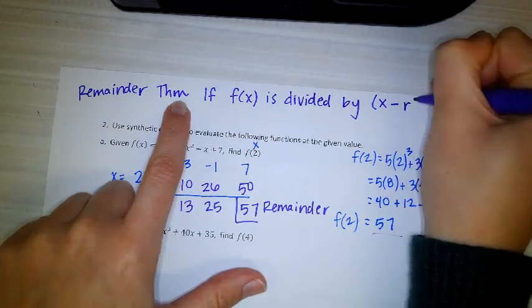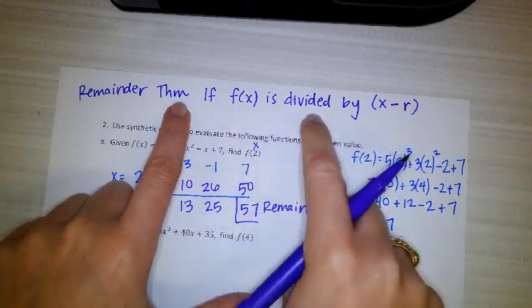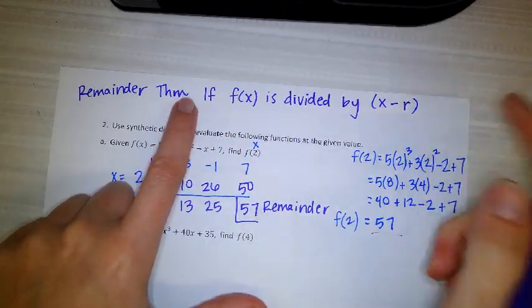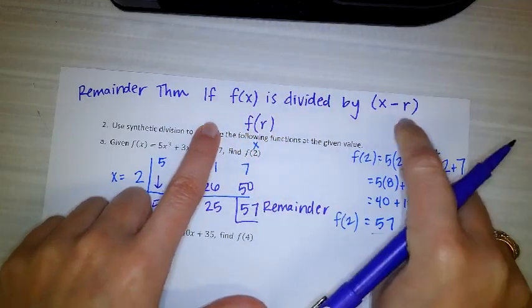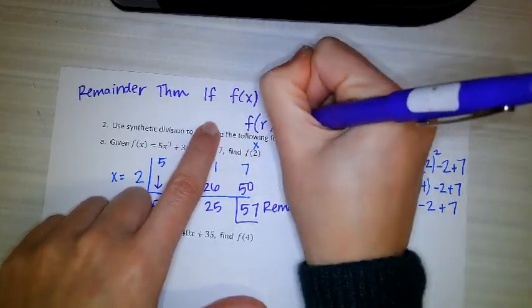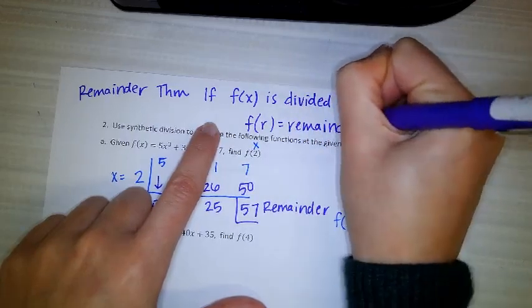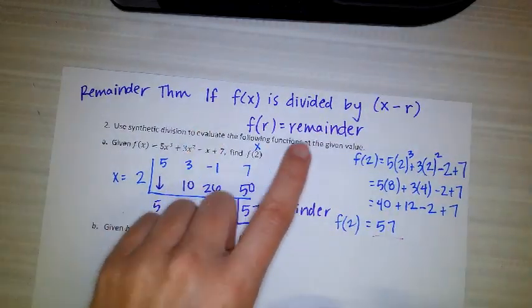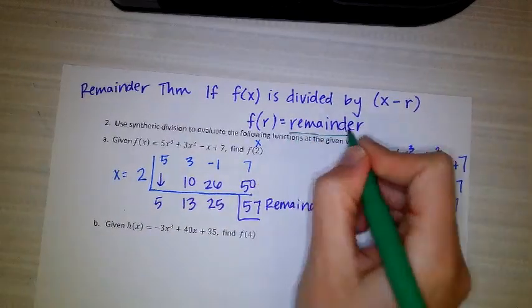So if we have a function and we're dividing it by some factor, then plugging in that number to the function, it's going to equal the same as the remainder. So the big takeaway here is that we are looking for the remainder when we are asked to evaluate a function at a value.